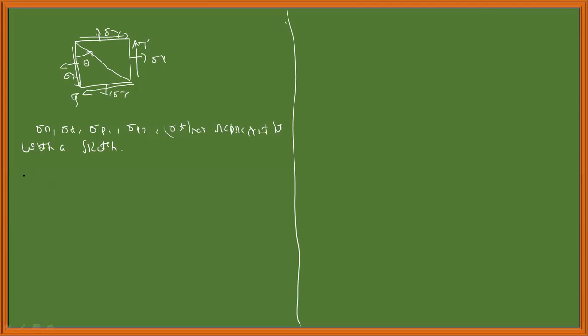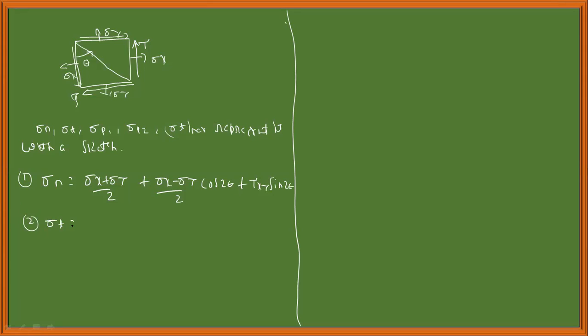First, sigma normal we will calculate with the formula: sigma x plus sigma y by 2, plus sigma x minus sigma y by 2 into cos 2 theta, plus tau xy sin 2 theta. This is sigma normal, the first unknown we have found.